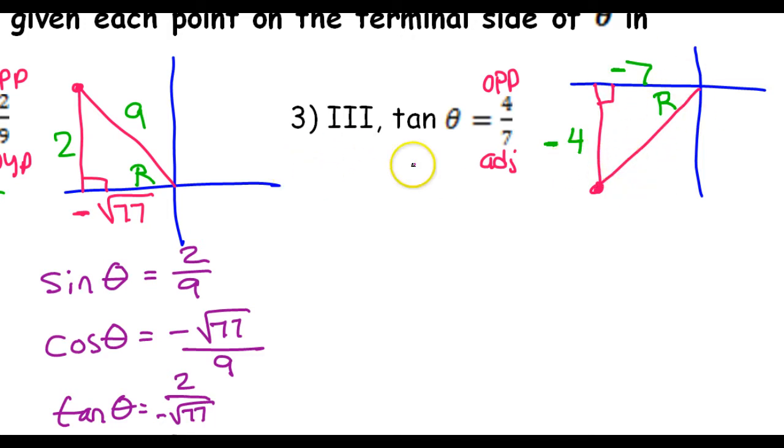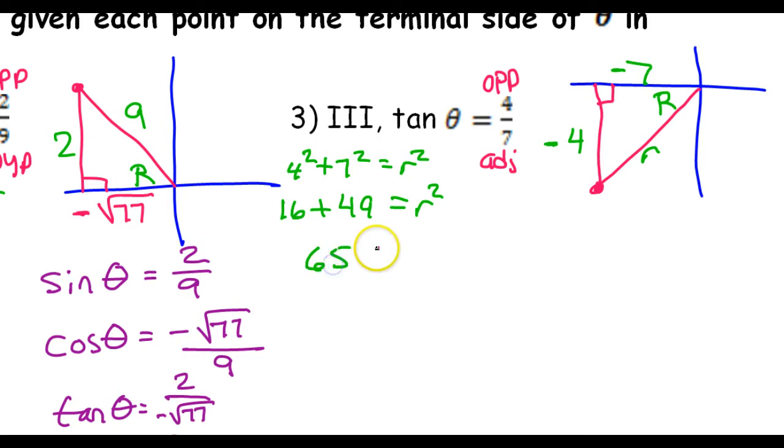So I can just go ahead and do a squared plus b squared equals c squared without worrying about the sign. So 4 squared plus 7 squared is equal to r squared. So that's 16 plus 49 is equal to r squared. So 65 is equal to r squared.